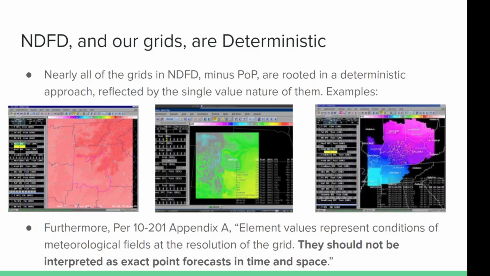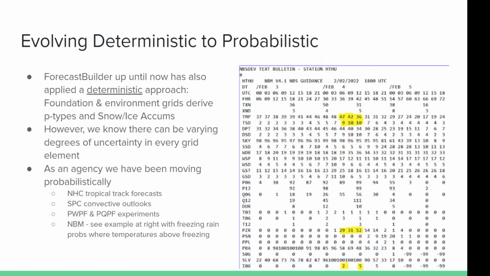This, along with the scientific mismatches between POP, temperature, and QPF, are just a few of the number of issues with the deterministic gridded forecast. So, when you are forecasting, you know that certain grids and certain time periods have more uncertainty than others. But we still have to provide these as single forecast values.